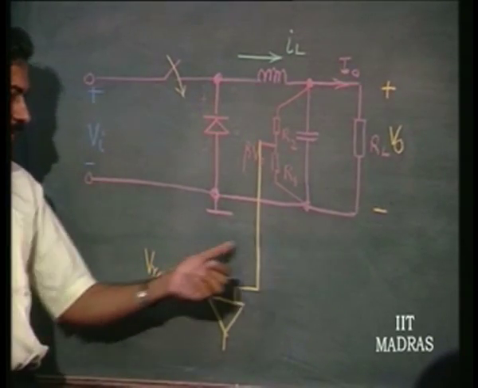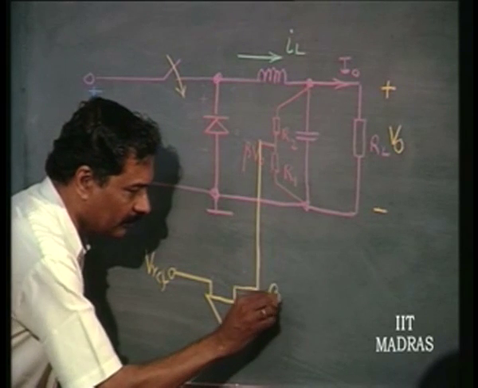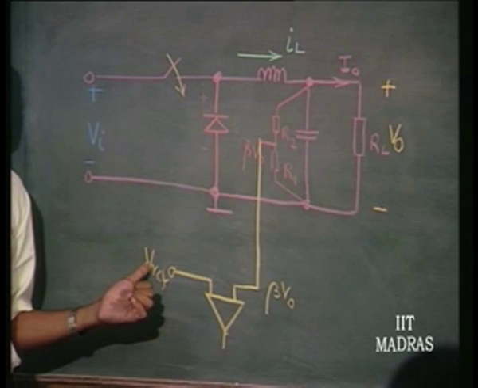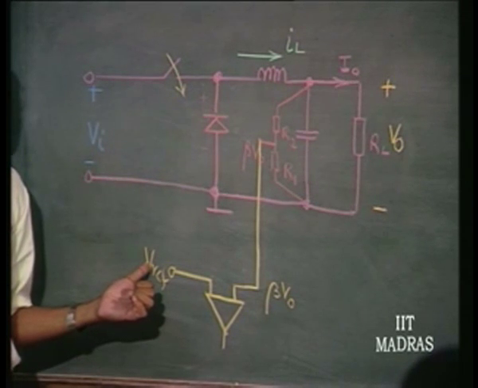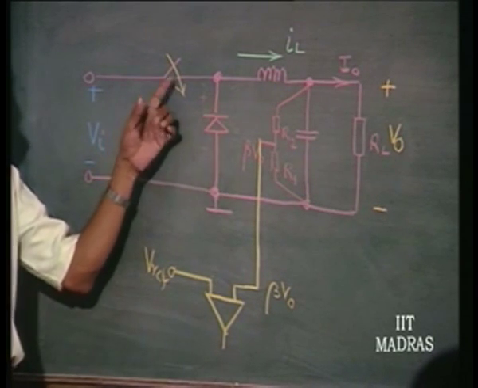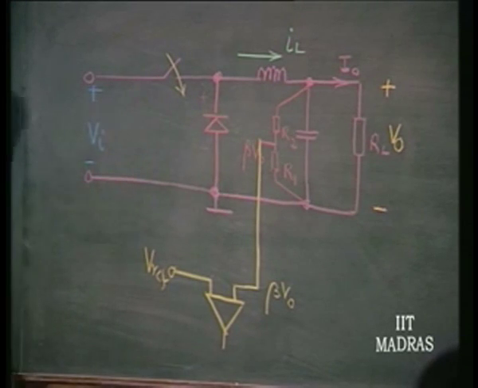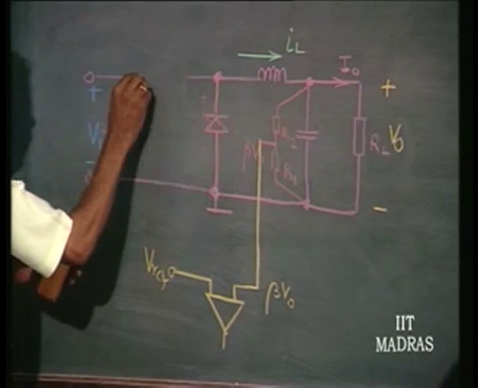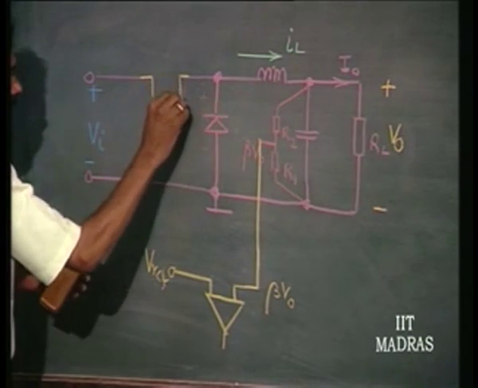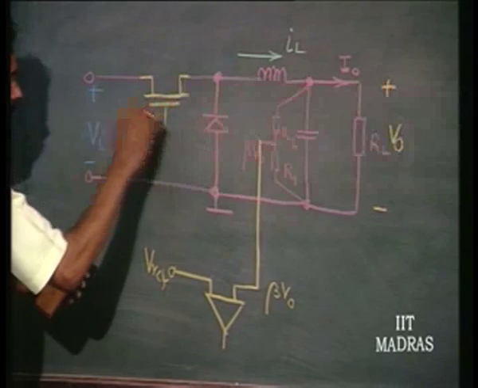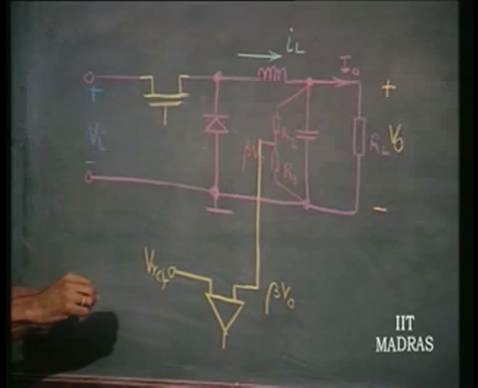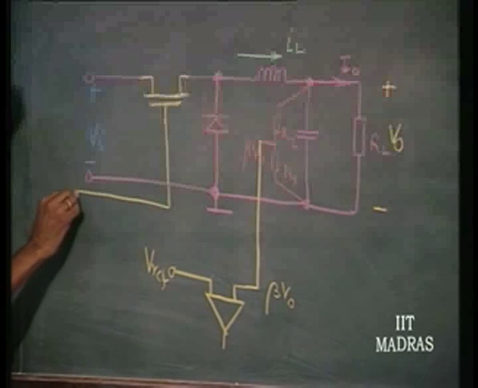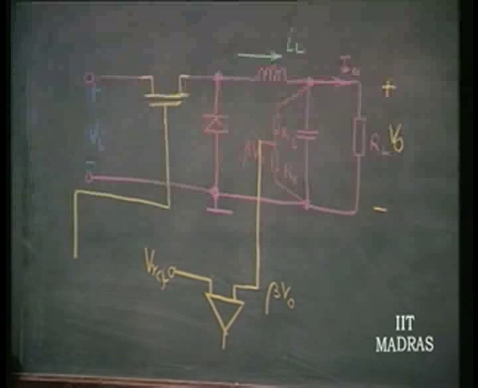So, beta times V naught is compared with V reference, such that the duty cycle of this switch, whatever it is, is maintained constant. Now, obviously, this switch is, let us say, a transistor switch. Now, what else has to be coming into picture?